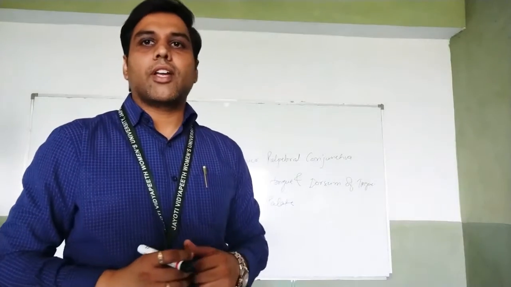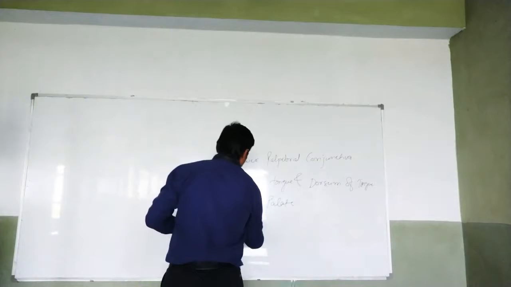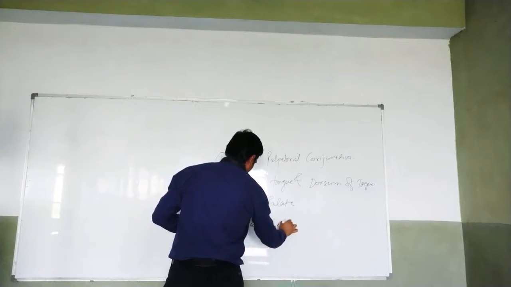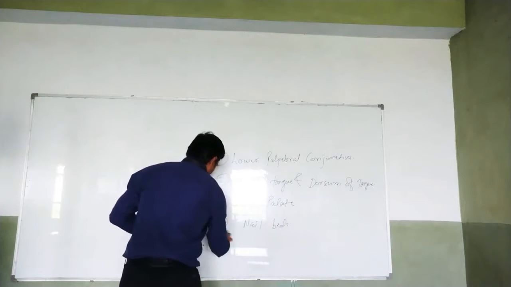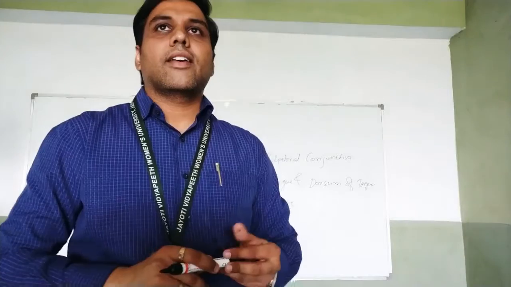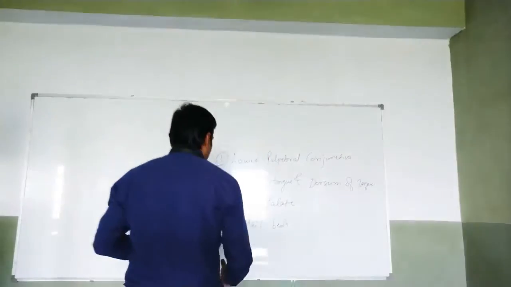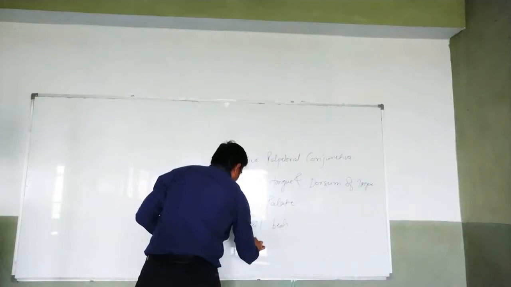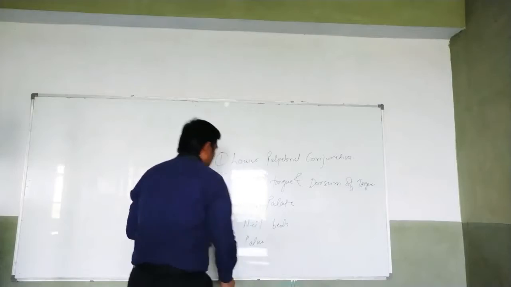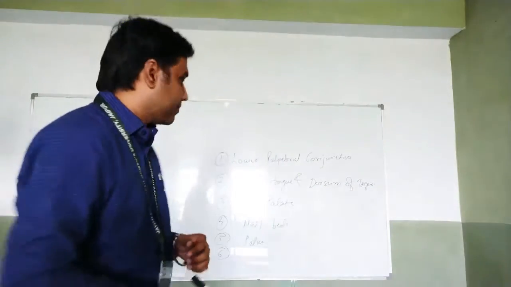Fourth part of our body is nail beds. Then fifth part is the palm. And sixth part is general skin.